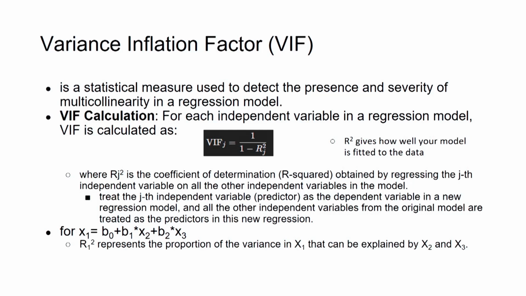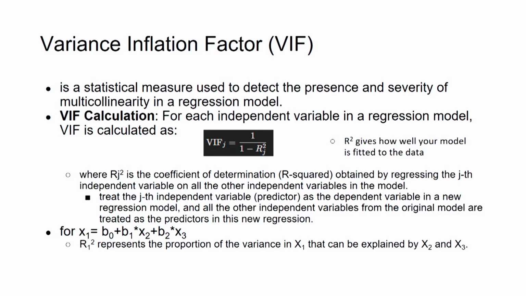In the same way, if there is no independent variable that depends on other independent variables, in that case all these Rj squares will be 0, and your VIFj for all variables will be 1.